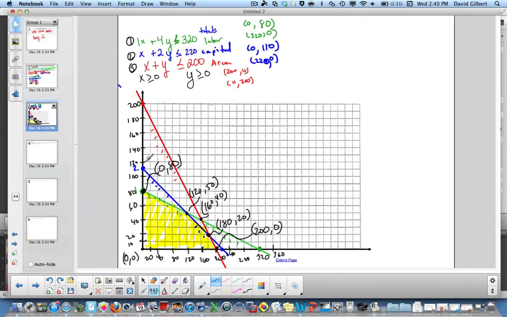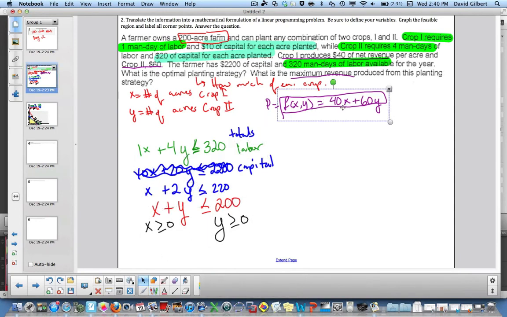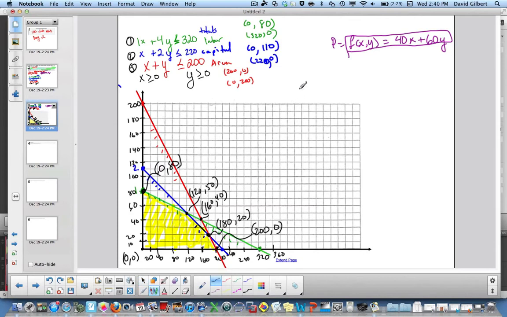profit. So I go back up here. What was my profit function? It was this. I'm going to use that here, and again find the values. So I'm going to plug in each of my points.